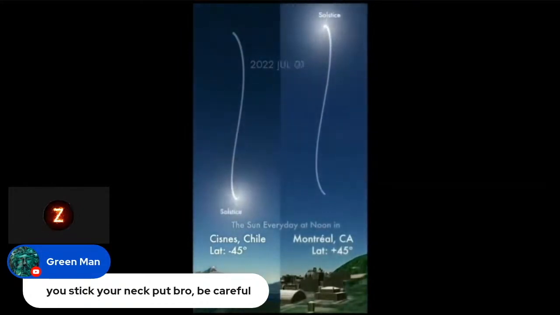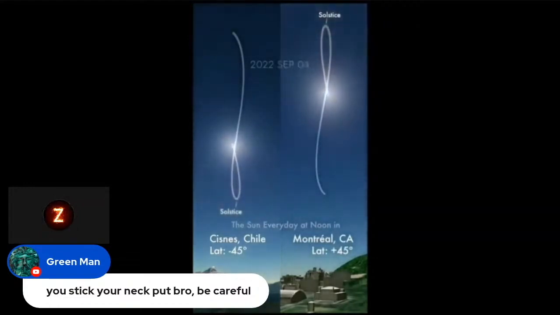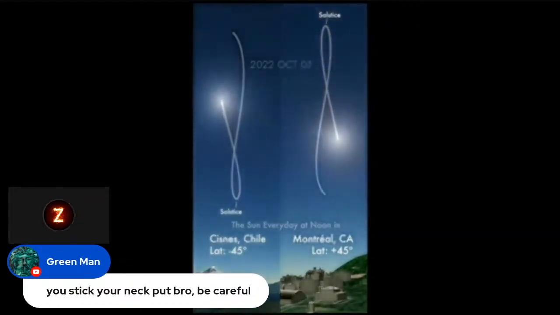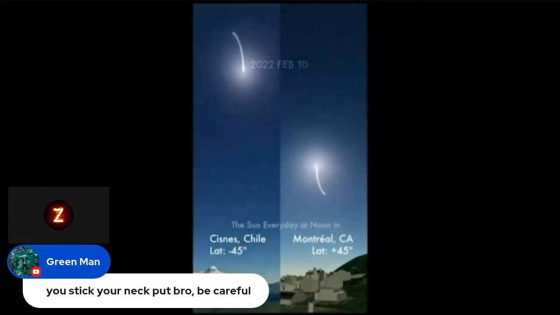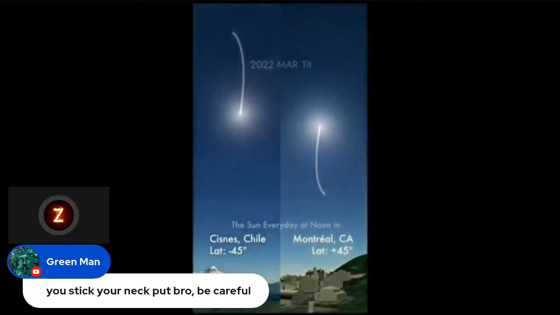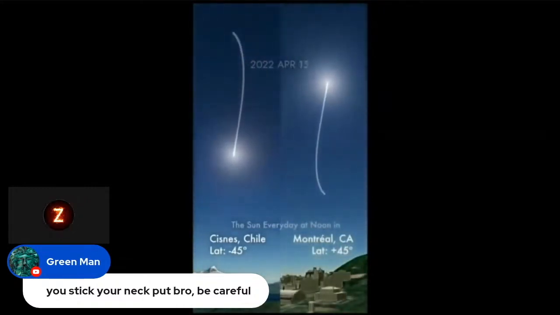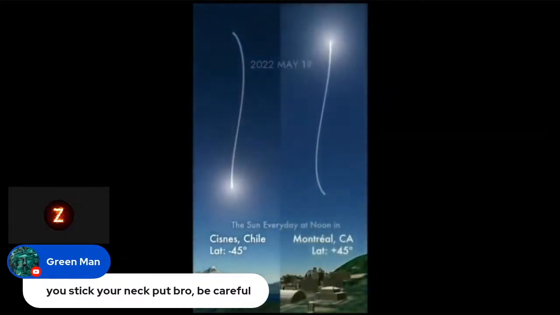Wow. So you're telling me it's an eccentric orbit, which means it's non-linear. Well, let me think about that. So you're telling me we're moving and we're orbiting in a non-linear fashion, in an eccentric fashion. Well, that's interesting to me because I know a little bit about science.